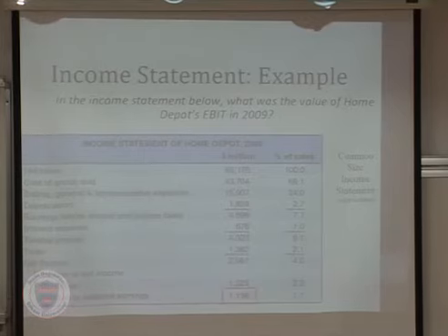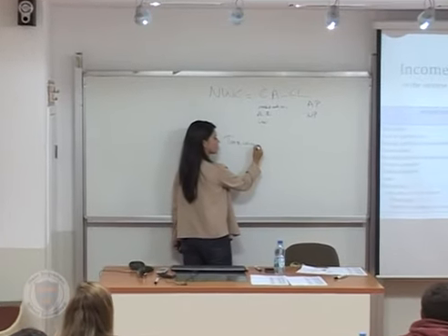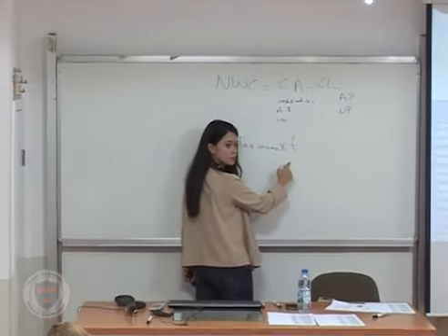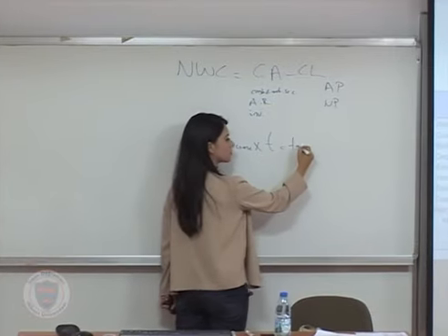I will ask you two things. I will show you one thing and then ask you one thing. Okay, one is, what is the tax rate? You have the income statement. How do you calculate the tax rate? So from taxable income, you have some tax rate, which will give you the taxes paid, right?